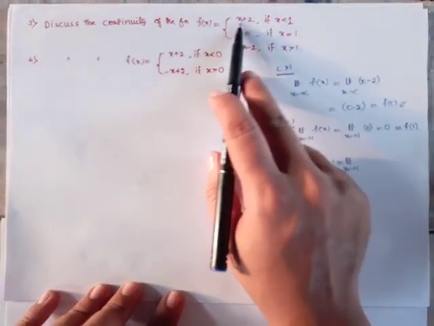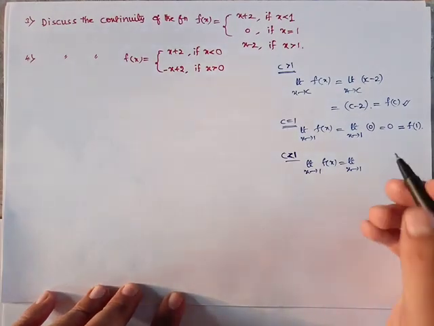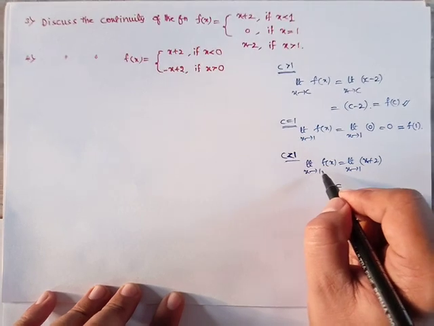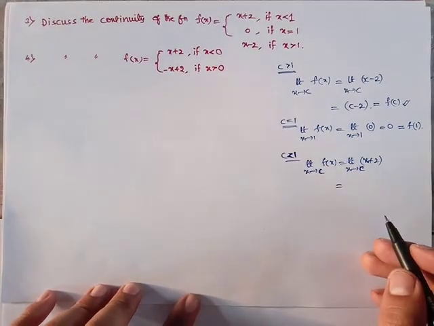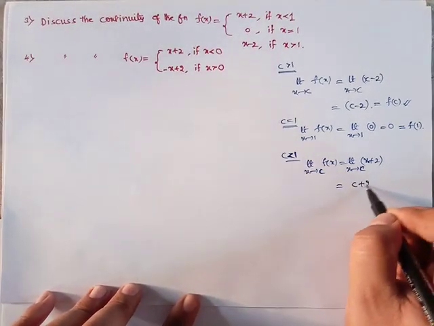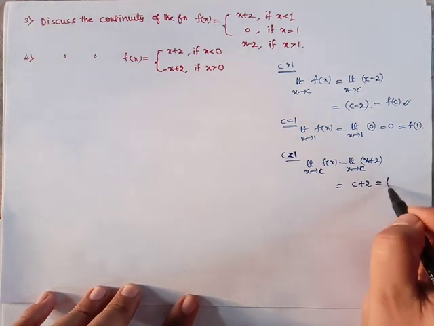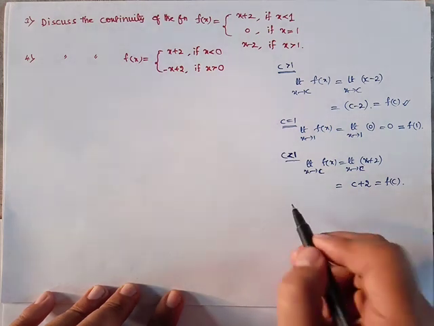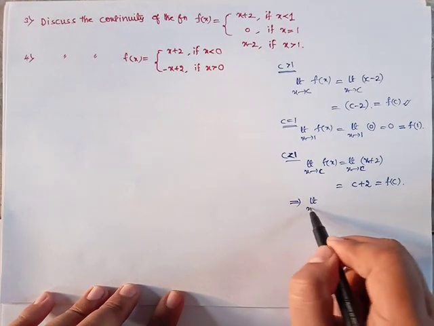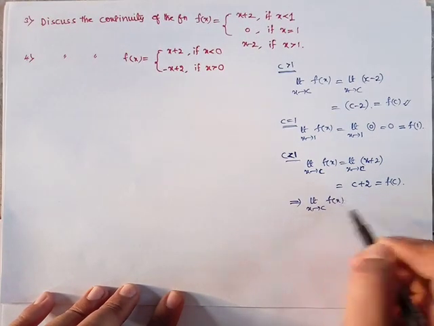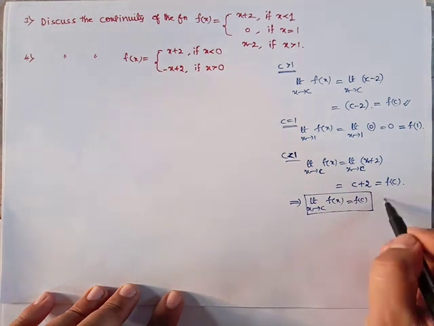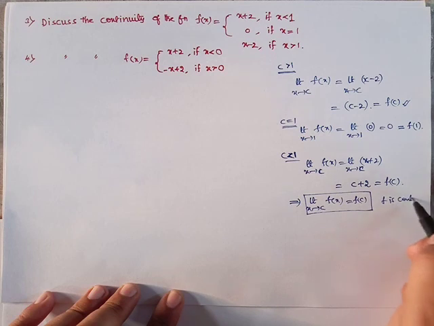For c less than 1, x plus 2 should be taken, so consider x tending to c, and wherever x is there just keep c here, which equals f of c. Then in all the cases we are getting the same, limit x tending to c f of x is equal to f of c, then we can say that f is continuous.